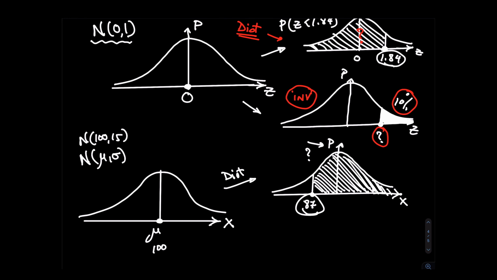And I could also reverse that on you, or invert it, and give you the inverse problem. Again, that's x, and that's p. And I could say, okay, I want you to give me the x value. Let's try a different one here.